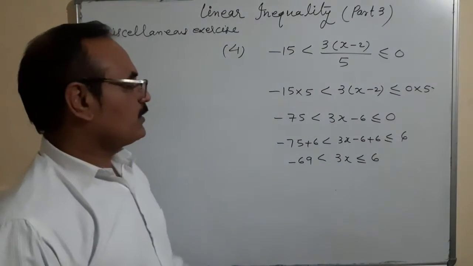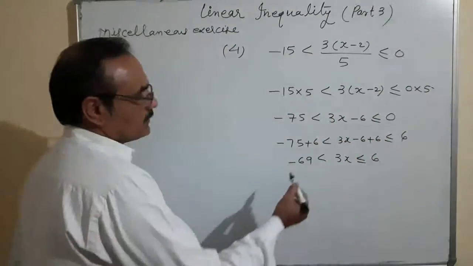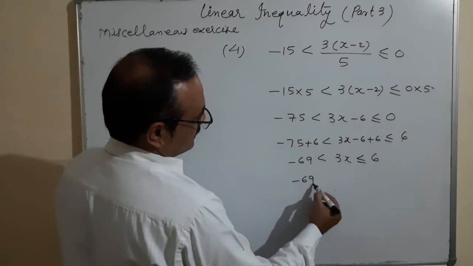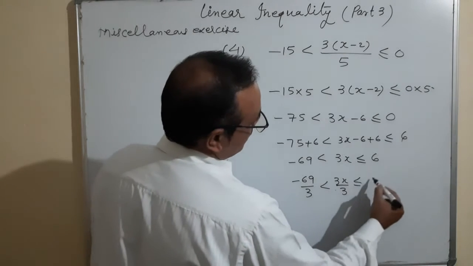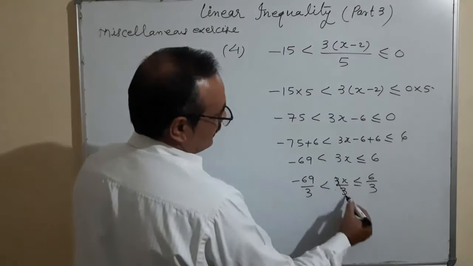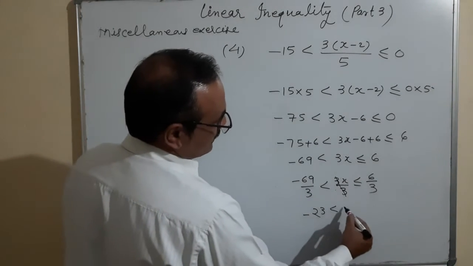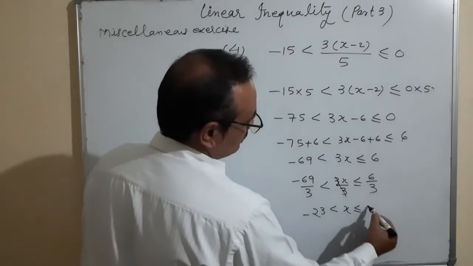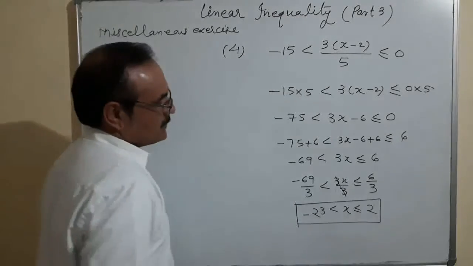Here what should I do? If I divide by 3, then what happens? Minus 69 upon 3 is less than 3x upon 3, less than or equal to 6 upon 3. So it is minus 23 is less than x, less than or equal to 2. So clearly the range is this.